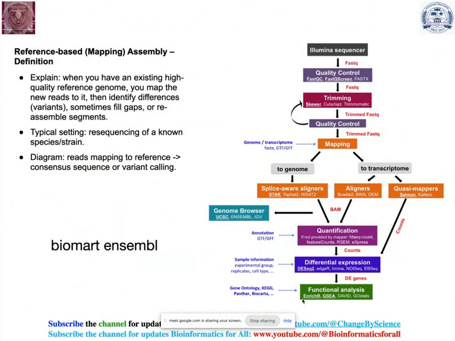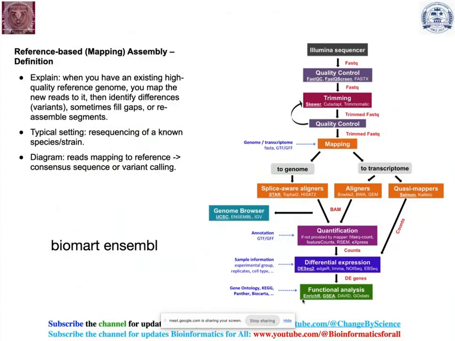But when you are going to implement, for example, if you are going to work on RNA-seq using reference-based genome assembly, then it is slightly different from the text, as you can see in the figure. You receive the FASTQ file, and then you proceed for quality check, trimming, and quality control. And then you proceed for the mapping, towards the genome or the transcriptome, where you are using Bowtie software or some alternative of it.